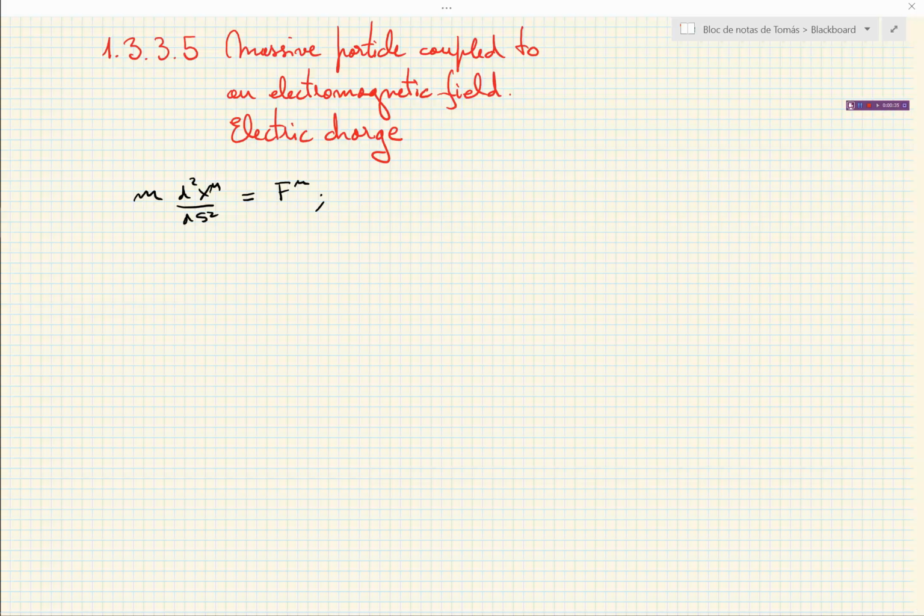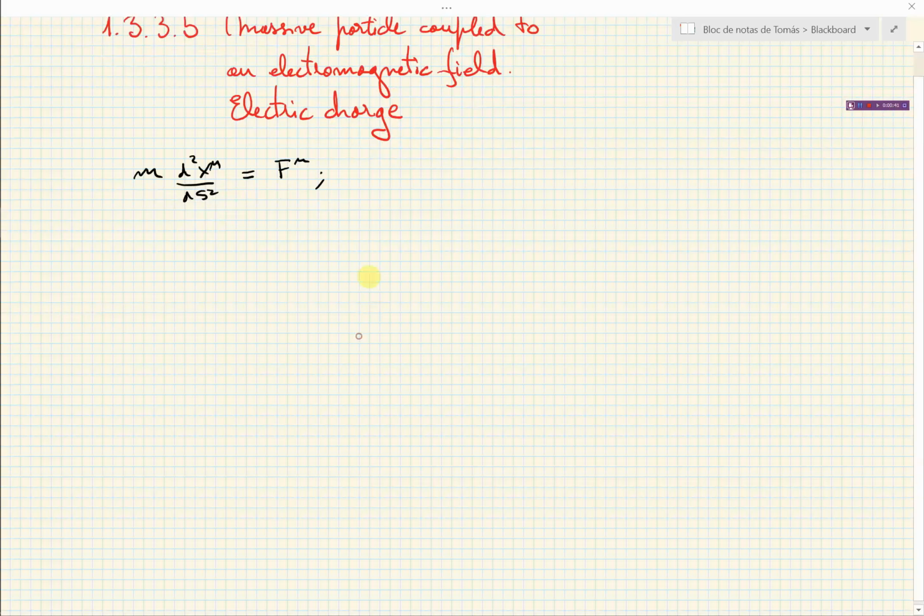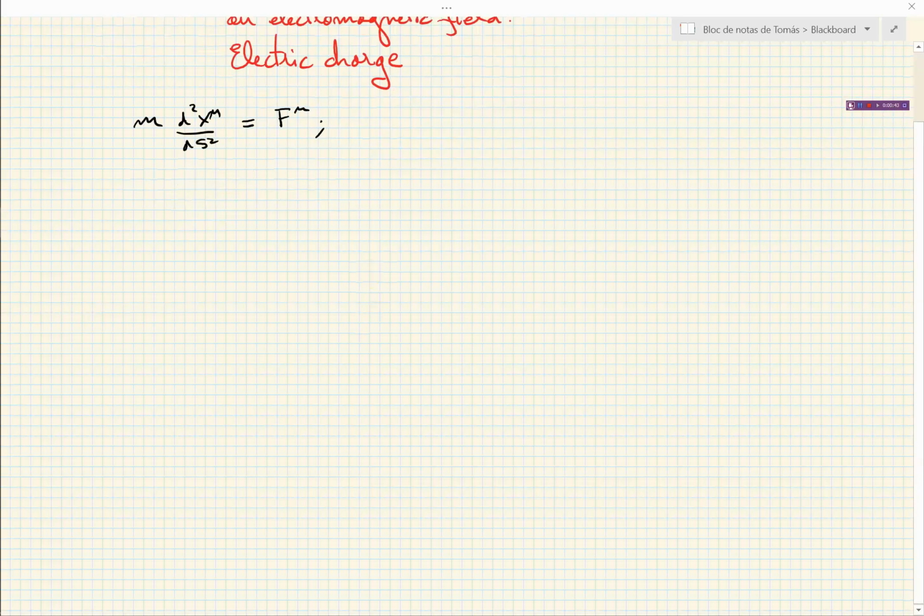This coupling will have to satisfy certain properties in order to be consistent. One of them that we mentioned in a previous video was that the new action will have to be reparameterization invariant.